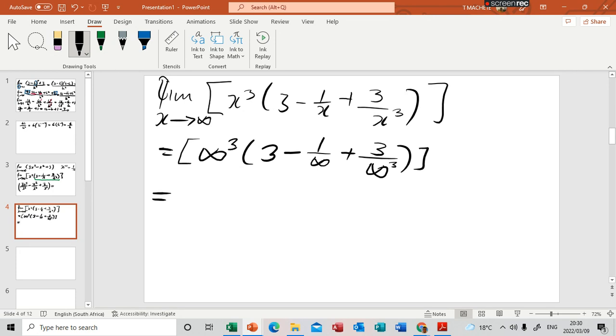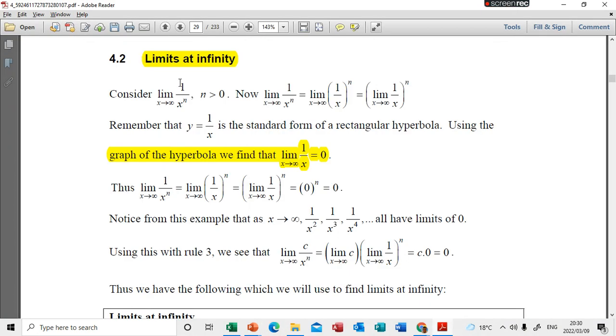Then you see that they wrote infinity to the power n. Where is it? This thing. You see, even if your n is cubed or whatever, as long as you see 1 over infinity, just know that is 0. I told you that 1 over x, you put 0.